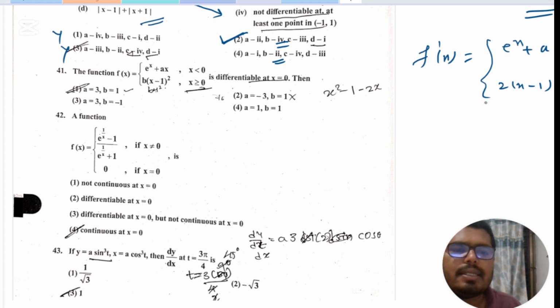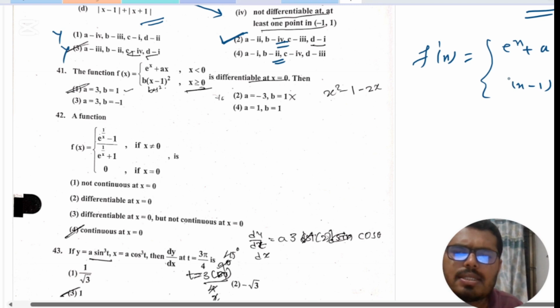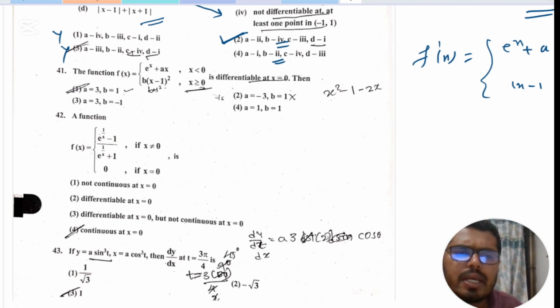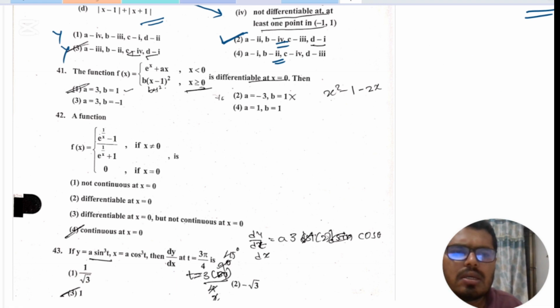This implies the left hand derivative at x equal to 0. Otherwise you take the limit. The function is differentiable at x equal to 0. This implies that this function is also continuous.